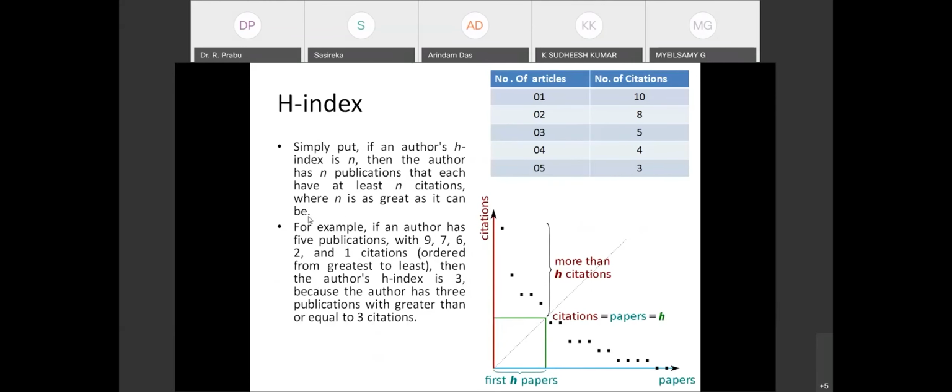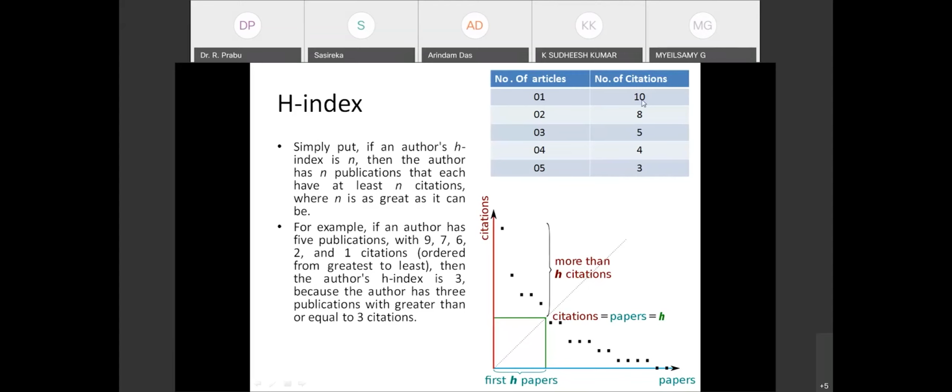This is the example which I have given here. Look at the example. If an author has 5 publications with 9, 7, 6, 2 and 1 citations received for the 5 publications, what we have to do is order them from the greatest to the lowest.